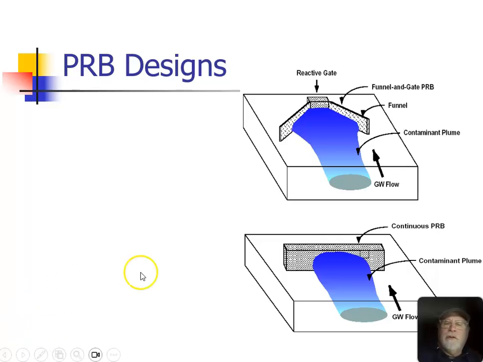The physical designs of it, there's the continuous PRB, which is just a wall there, or to use less iron filings, maybe we could put in some sheet piling or grout walls and funnel it to one section where it goes through. So one of my jobs was actually I modeled different configurations of it. And it turned out it was just the easiest thing just to put in a straight trench like that.